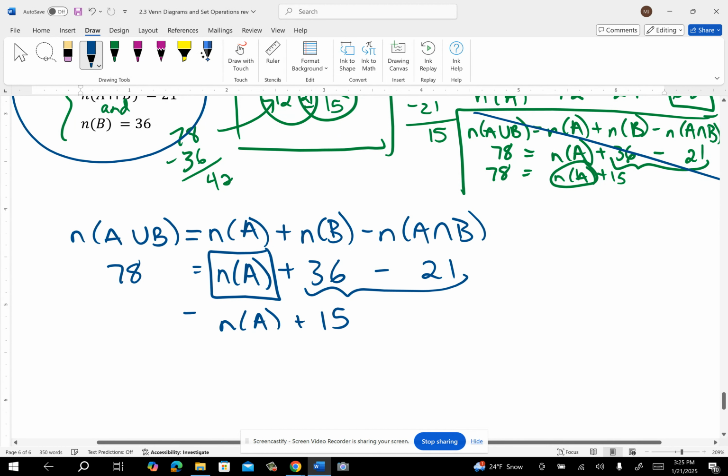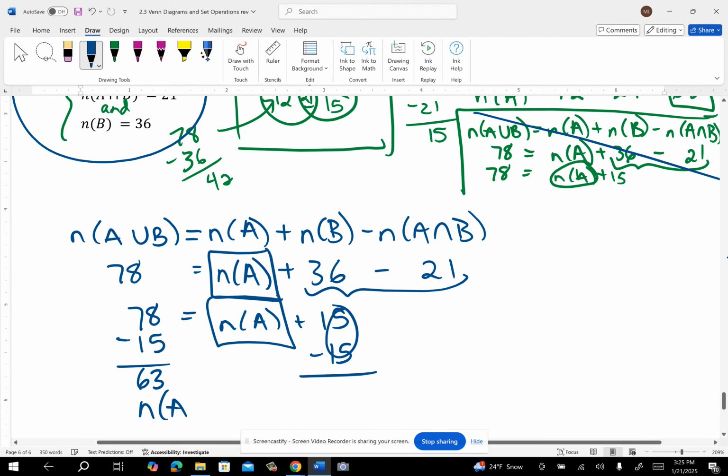That would be 15. So if I want the number of elements in A to be by itself, I'd have to get rid of that 15. So I could subtract it from both sides to undo that and make that go away. And I'd wind up with the number of elements in A equal to 63.